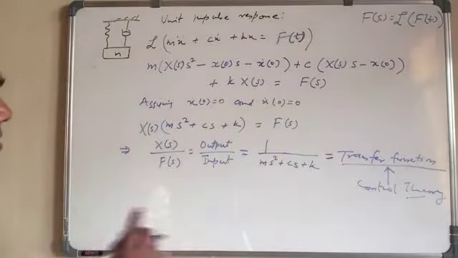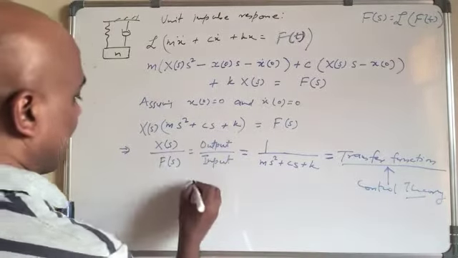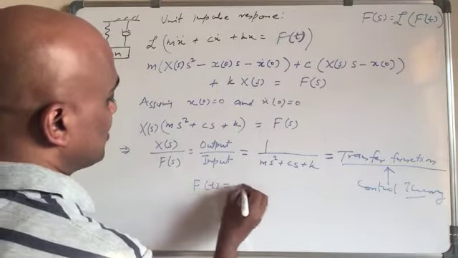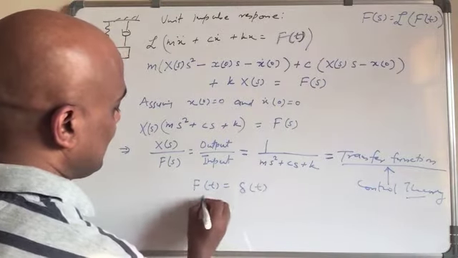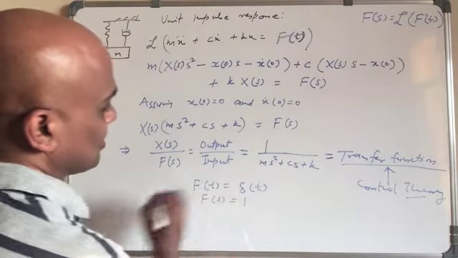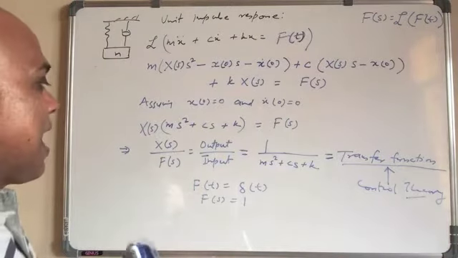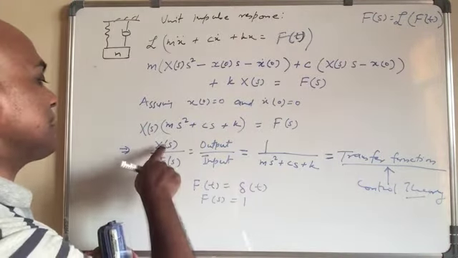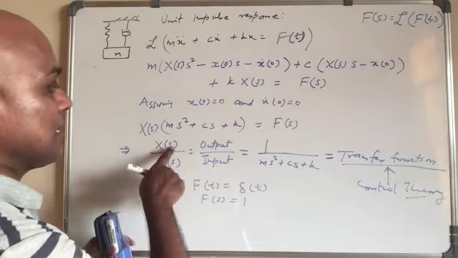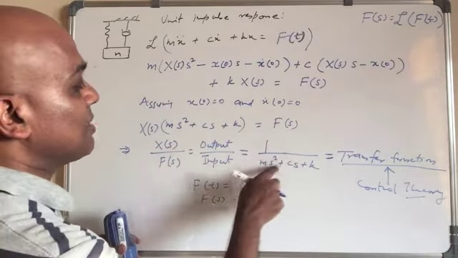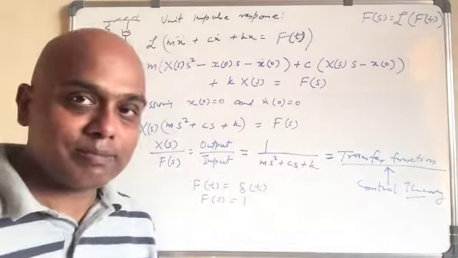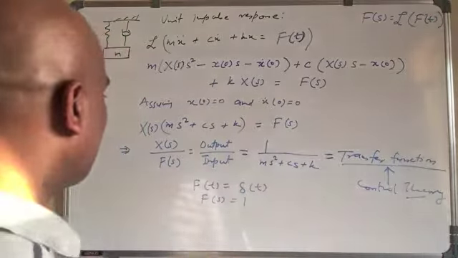Now when f(t) is simply delta(t), then F(s) equals 1, and hence X(s) simply becomes 1 over (m s square plus c s plus k). That's it.